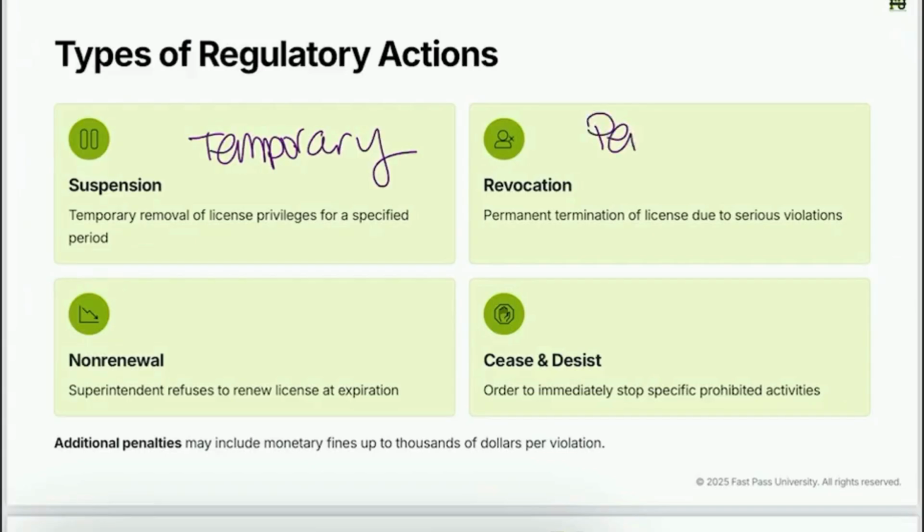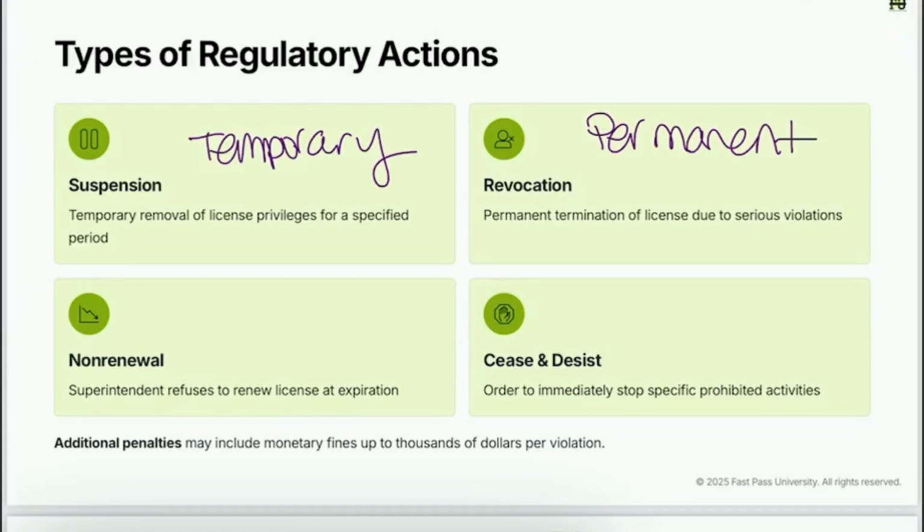That is the permanent termination of a license due to more serious violations. The superintendent could also decide to non-renew a license. Superintendent refuses to renew licenses at expiration. So they may be able to continue out wherever they're at within that 2-year period, because licenses renew every 2 years, but they could decide to non-renew it.